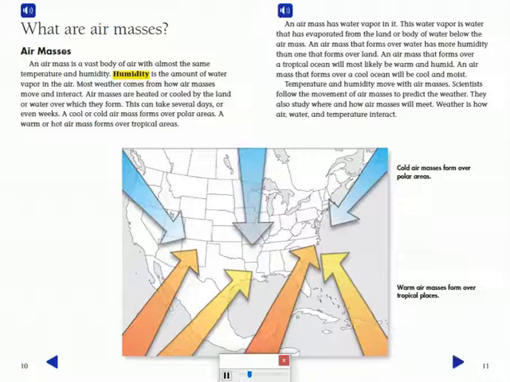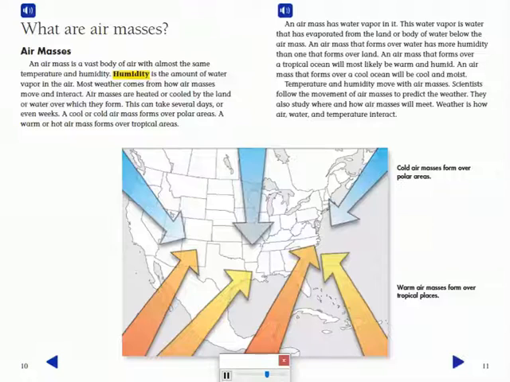An air mass that forms over water has more humidity than one that forms over land. An air mass that forms over a tropical ocean will most likely be warm and humid. An air mass that forms over a cool ocean will be cool and moist.